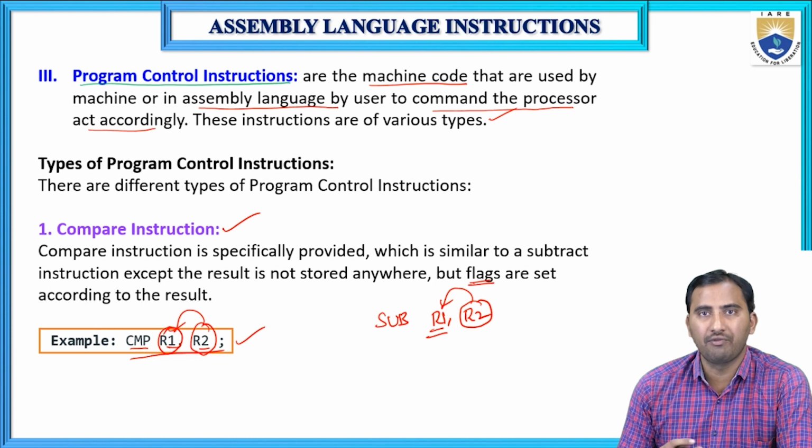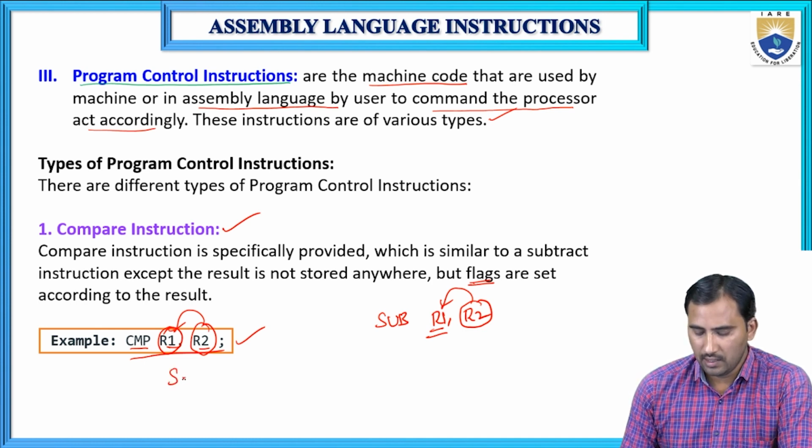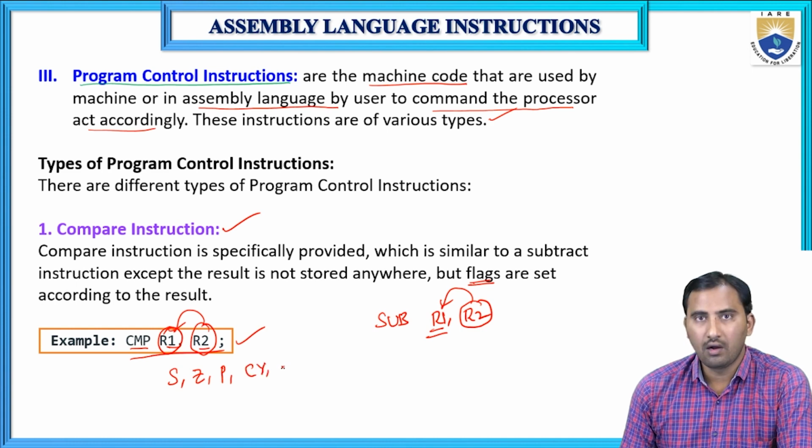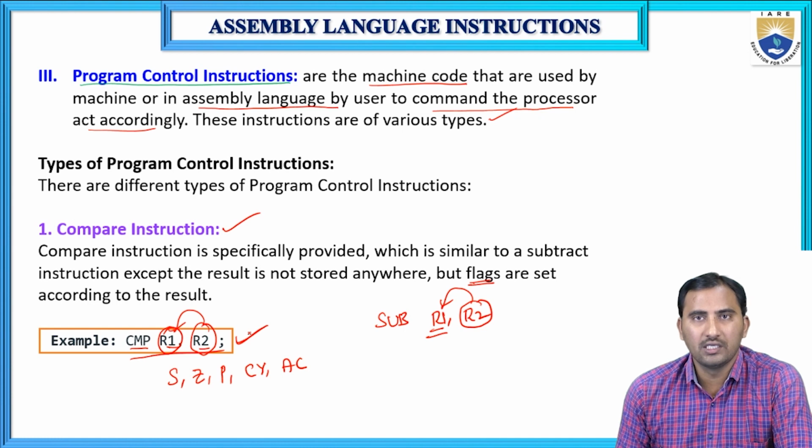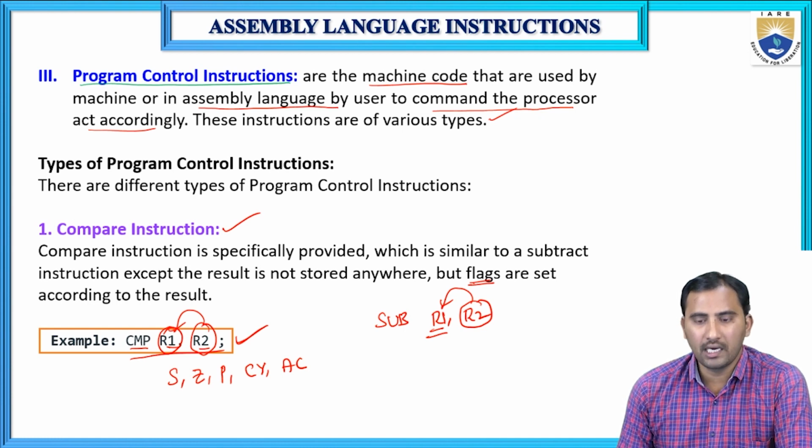It will just update the flags. We have different flags like sign flag, zero flag, parity, carry, auxiliary carry. So whenever this comparison instruction is executed, only the flag register bits are updated. The result is not stored anywhere.